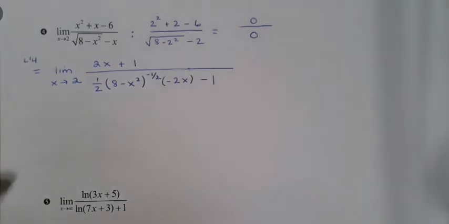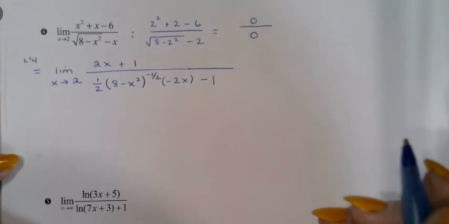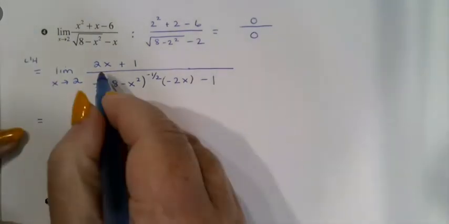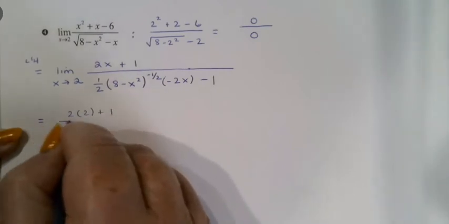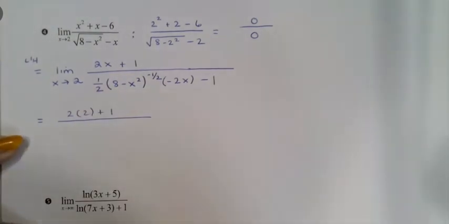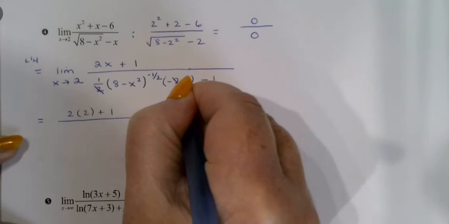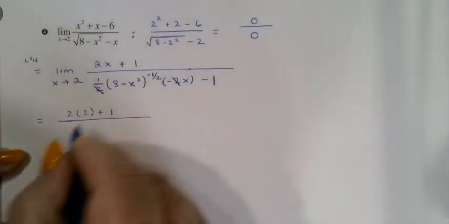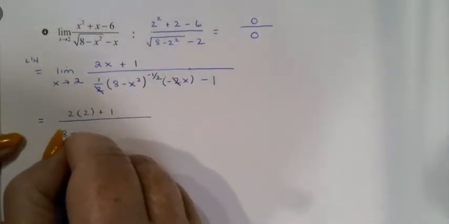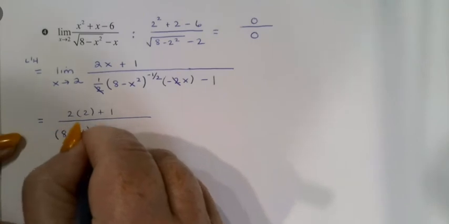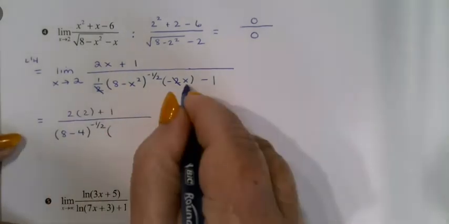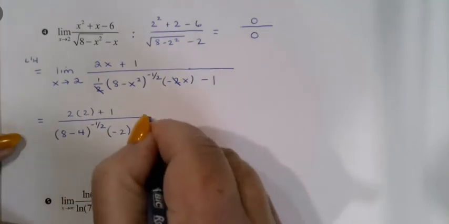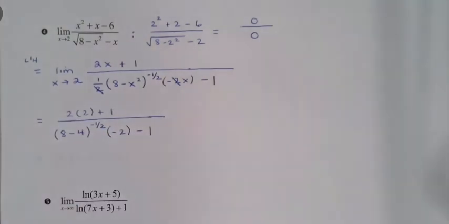Let's see, if I try to plug in my 2 now, I would get 2 times 2 plus 1, so it's not 0 on the top. And on the bottom, I'm going to let those 2's cancel. I would have 8 minus 2 squared, or 4, to the negative 1/2 times negative 2 minus 1.